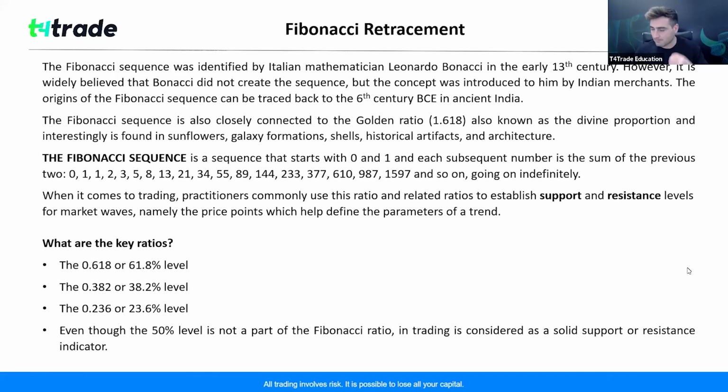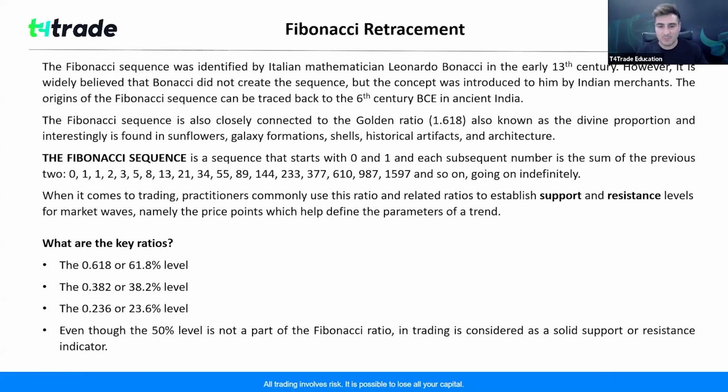So at the end of the day, what we care about are the ratios. We mentioned them many times in the past when we did the introduction to Fibonacci. Let's refresh our memory once again. We have the 61.8% level, or the 0.618.